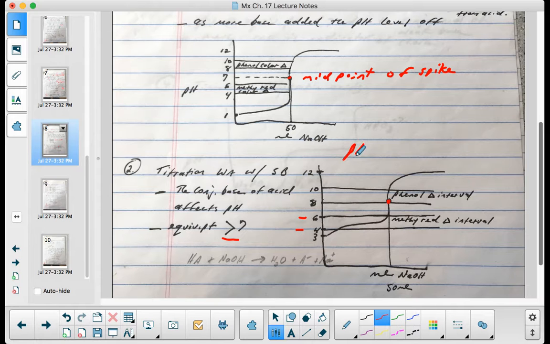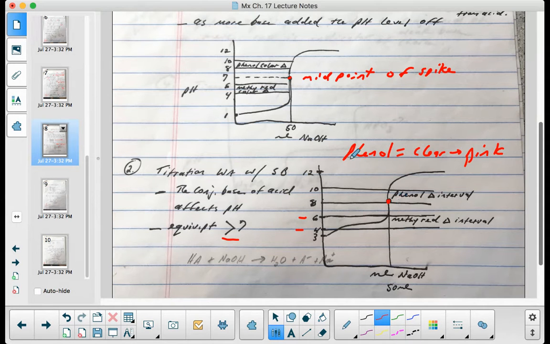goes from clear to pink, anywhere between 8 and 10. As long as that interval falls within the spike, then it is an appropriate indicator.